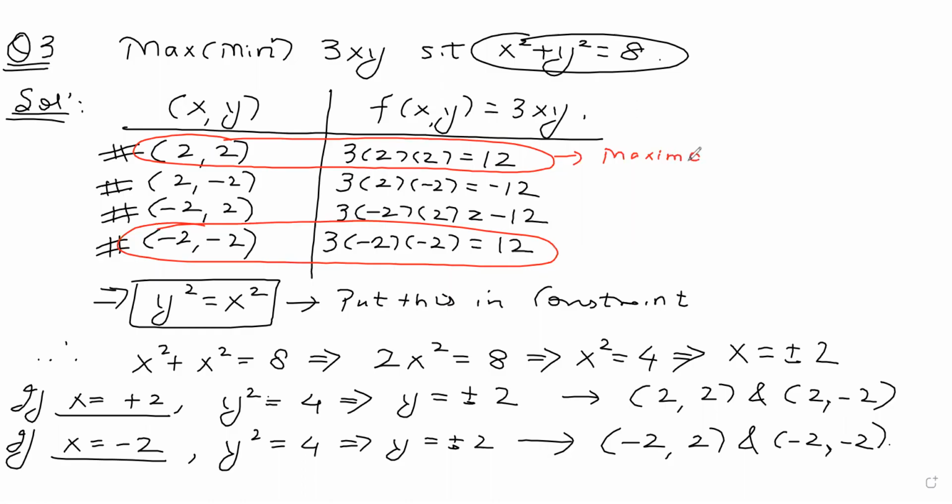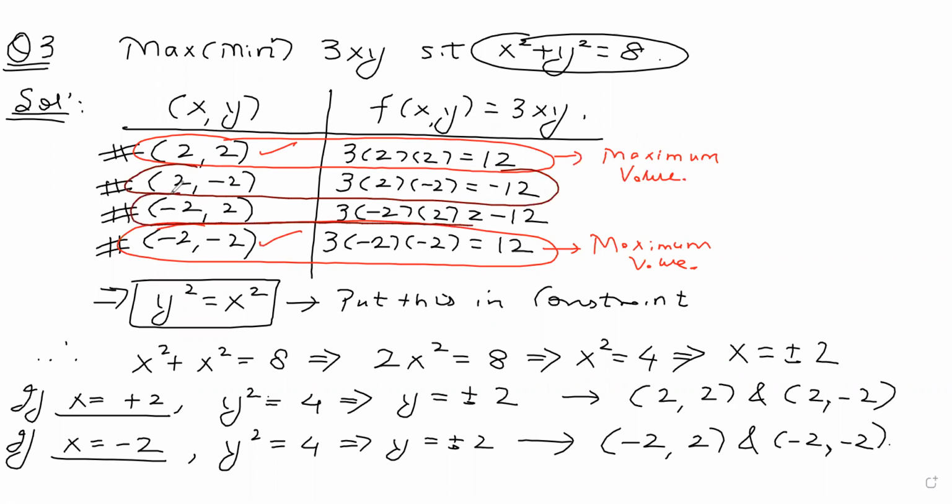Okay, the function has a maxima. This is my maximum value. So clearly all students can see the maximum value of the function is 12, which occurs at 2 comma 2 and minus 2 comma minus 2. And the function has the minimum value at these two particular points.